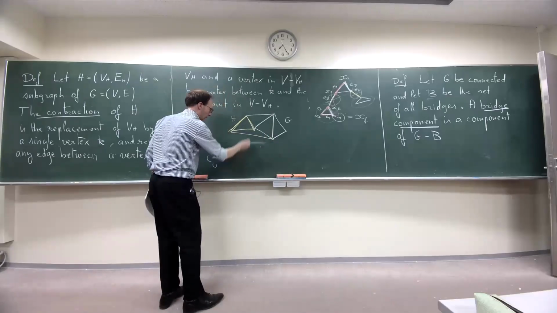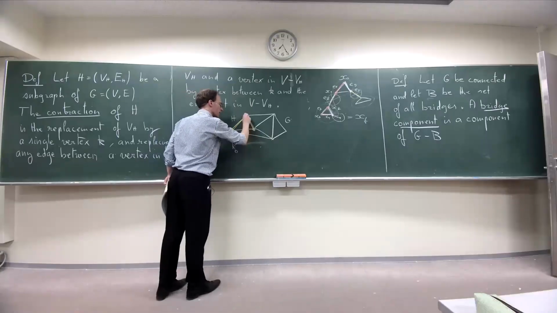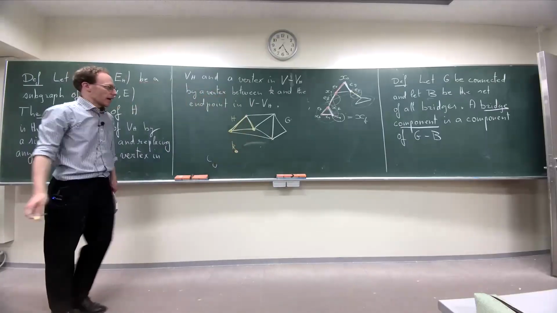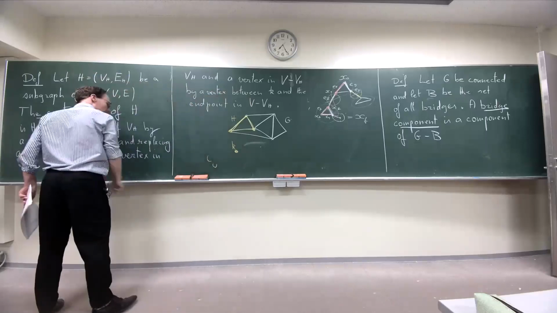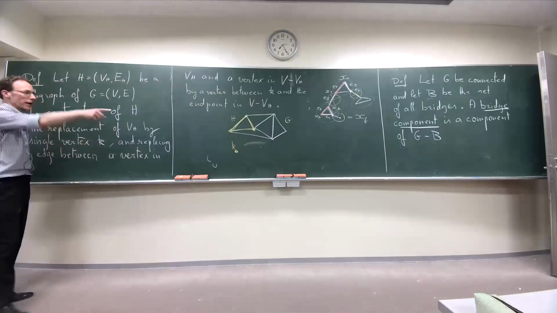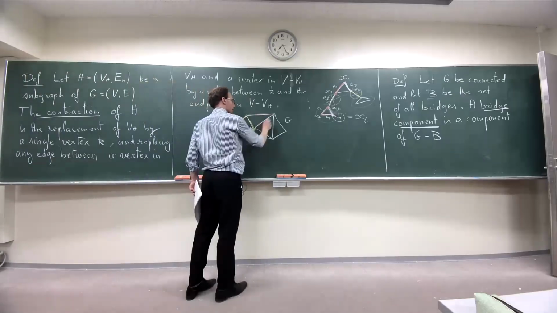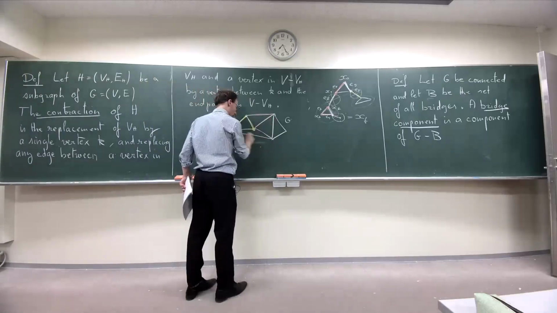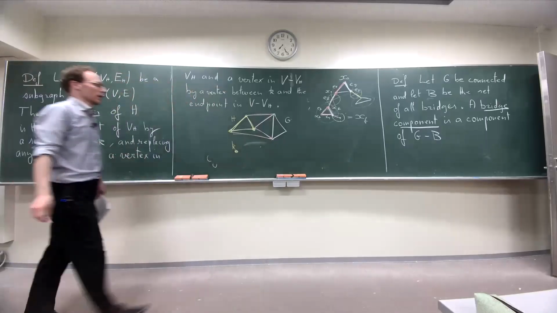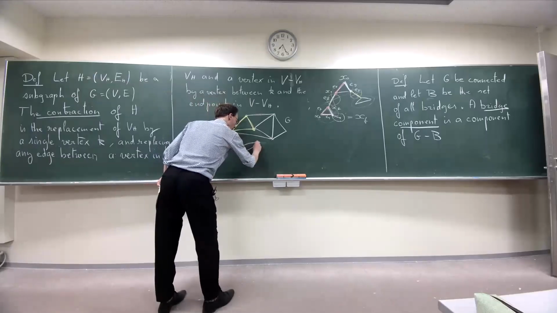Then I fix K. So it means these three vertices are just going to one of them. And then I need to keep some edges. The edges which were between one element of H and one element not in H. So this and this have one endpoint in H, one not in H. So from K, I need to draw two edges to this point.